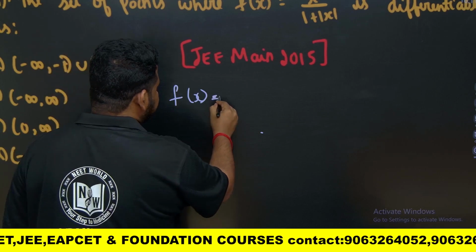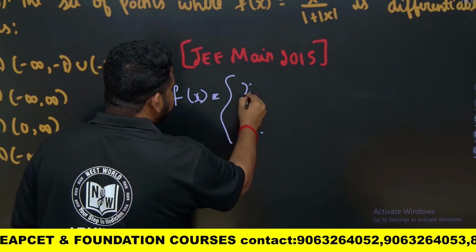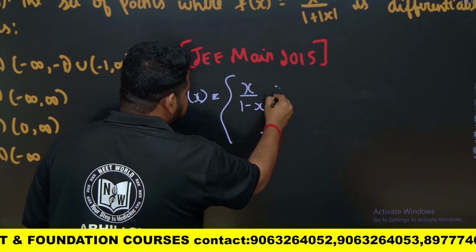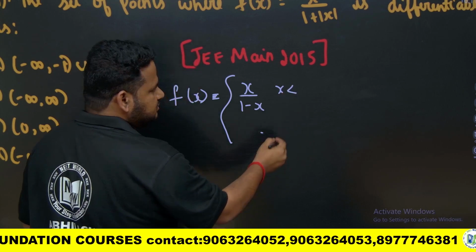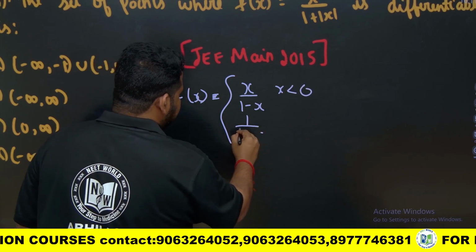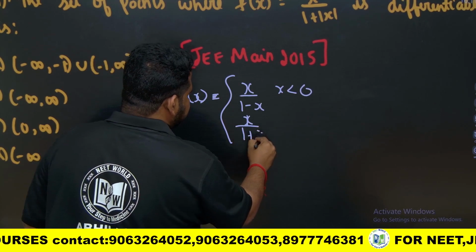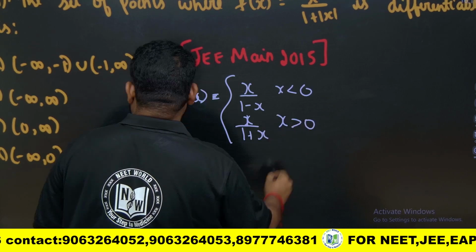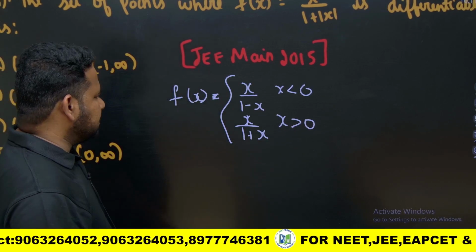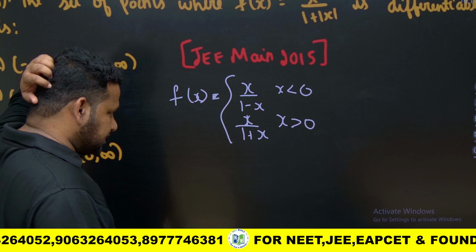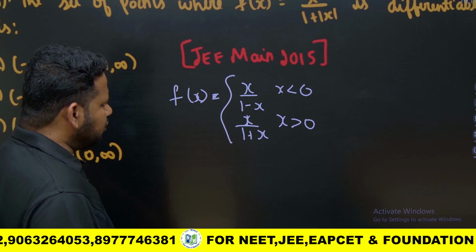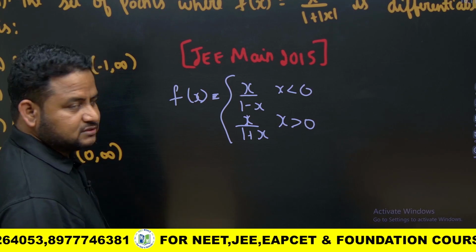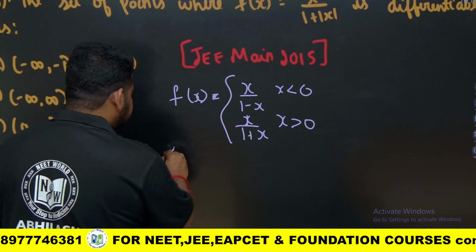So f of x can be written as x by 1 minus x if x is less than 0, and x by 1 plus x if x is greater than 0. This is what we get for f of x. Now if I differentiate this, what do I get?